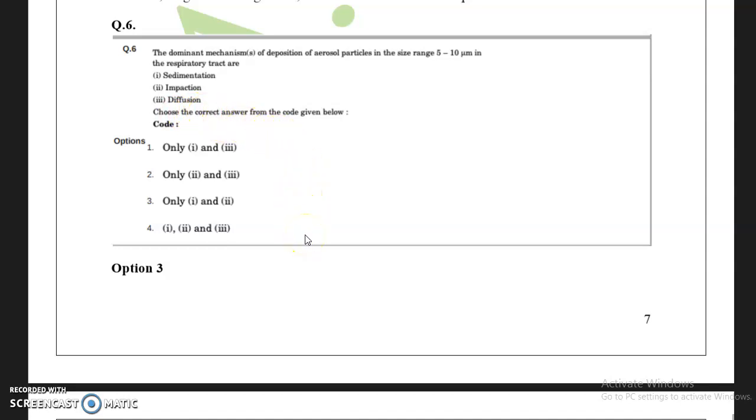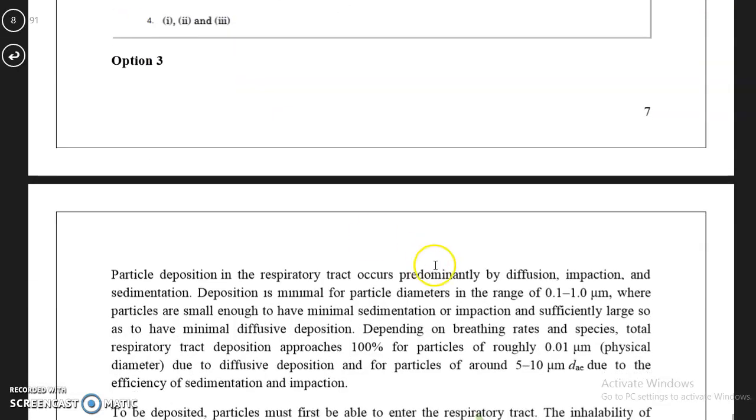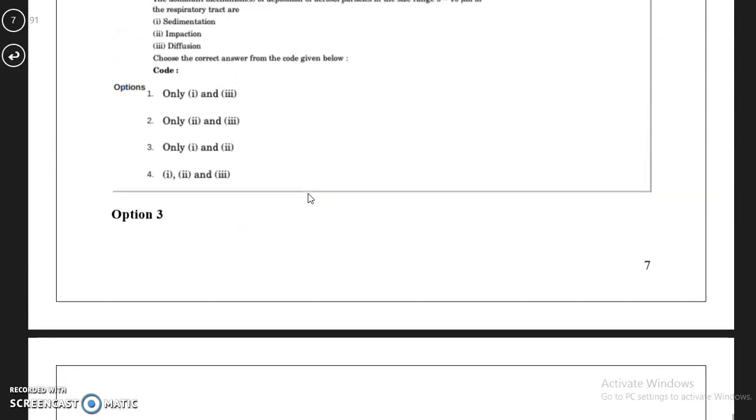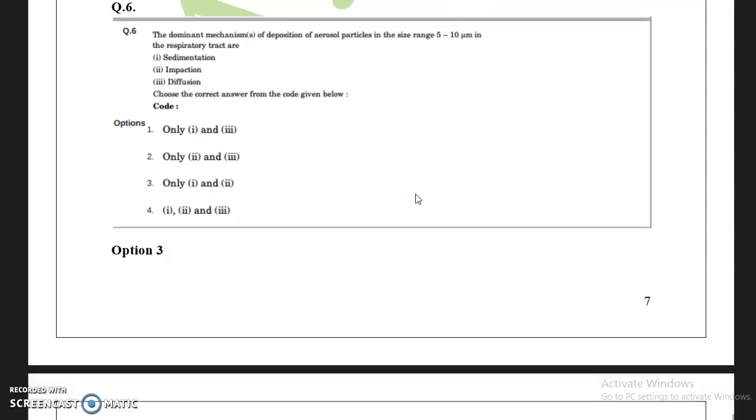So, particle deposition occurs predominantly by diffusion, impaction, and sedimentation. But for comparatively large size particles, which is asked in question, that is 5 to 10 micrometer, diffusion does not take place that effectively, because for diffusion to take place, the size of particles should be small.